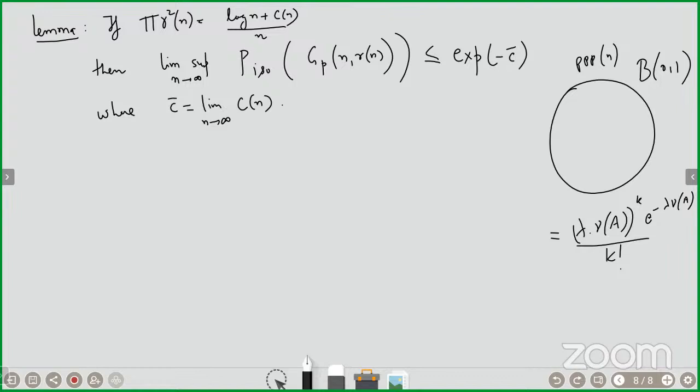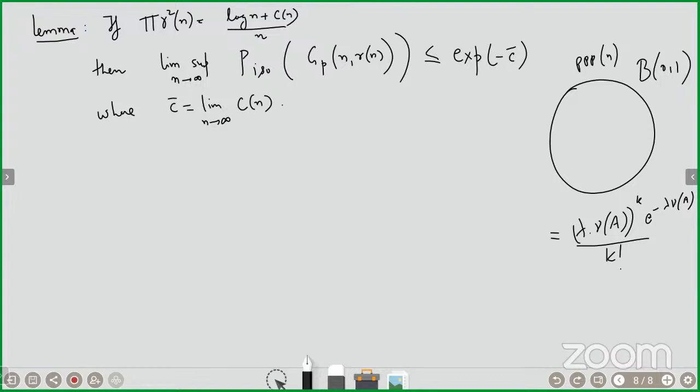Now if I condition on having K points here, how are they distributed? Uniform. So is that the same graph as G of K comma Rn? That's the most important fact to notice here: once I condition, the graph looks like G of K comma Rn.